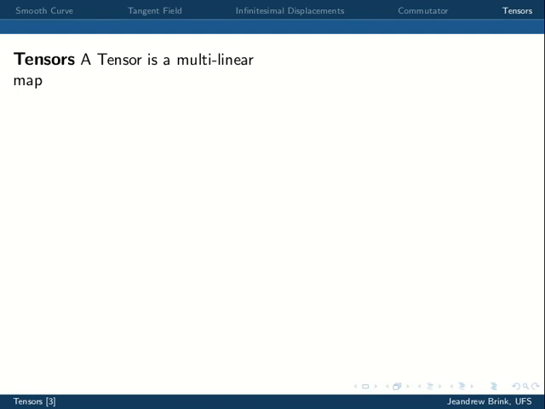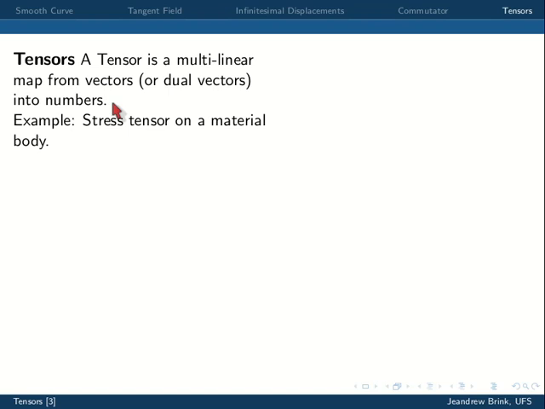Okay, so a tensor is basically a multilinear map from vectors or dual vectors, and I'm going to define dual vectors in a moment. I'm surprised I haven't done it already. It's a bit worrisome. Okay, into numbers. So this is just the basic intro example. A tensor is a multilinear map from vectors or dual vectors, which is still coming, into numbers.